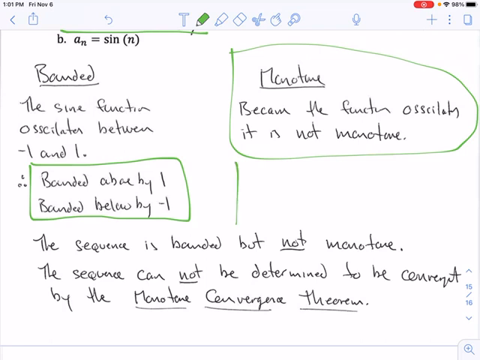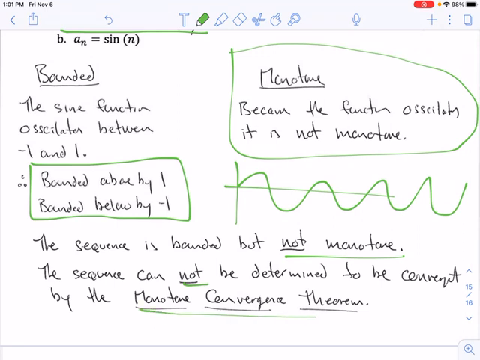And we know that the sine or cosine function never converges towards anything. It just keeps going up and down and up and down. So it's not monotone, and so it cannot be determined to be convergent by the monotone convergence theorem. Again, saying that it cannot be determined to be convergent by the monotone convergence theorem does not necessarily say it is not convergent.